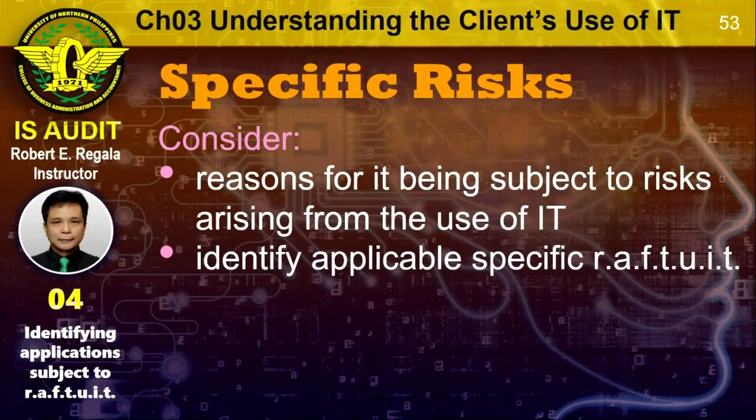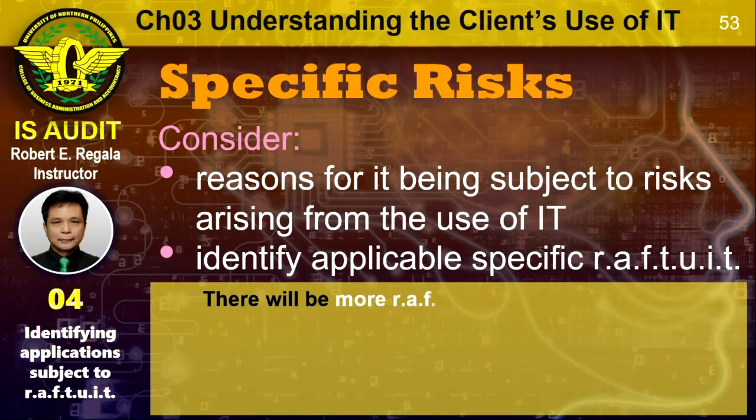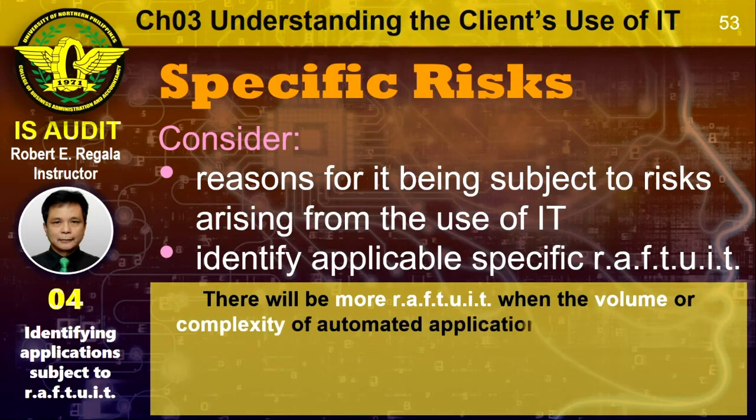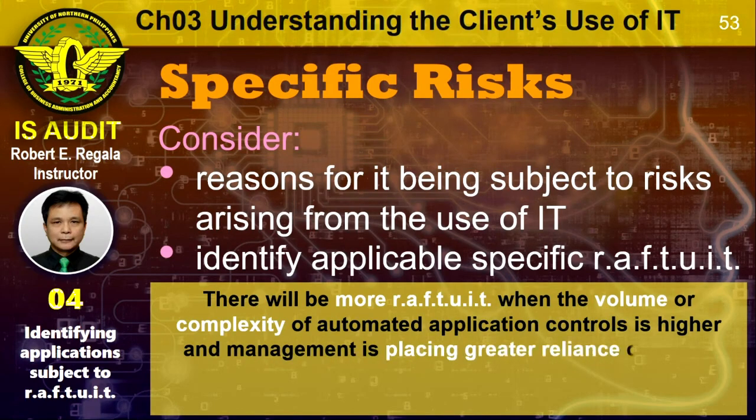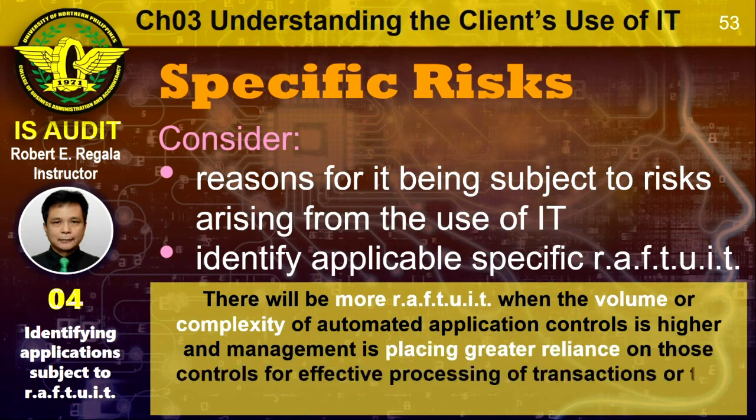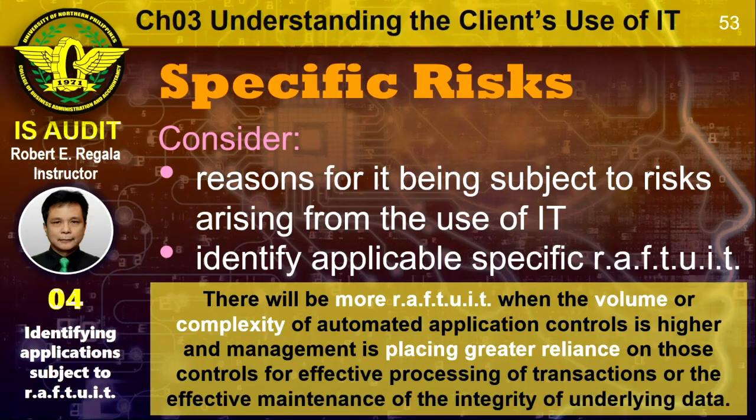It is more likely that there will be more risks arising from the use of IT when the volume or complexity of automated application controls is higher and management is placing greater reliance on those controls for effective processing of transactions or the effective maintenance of the integrity of underlying data or information.